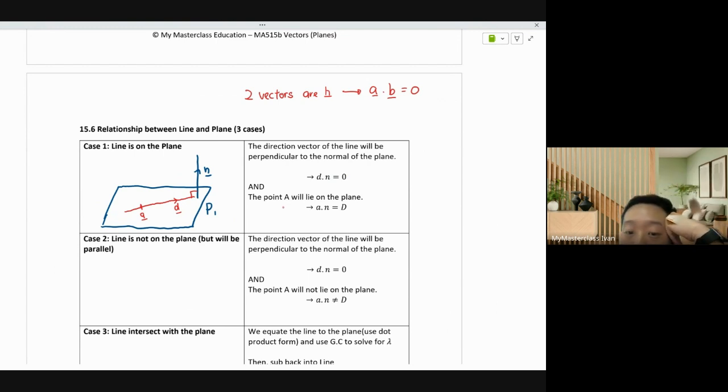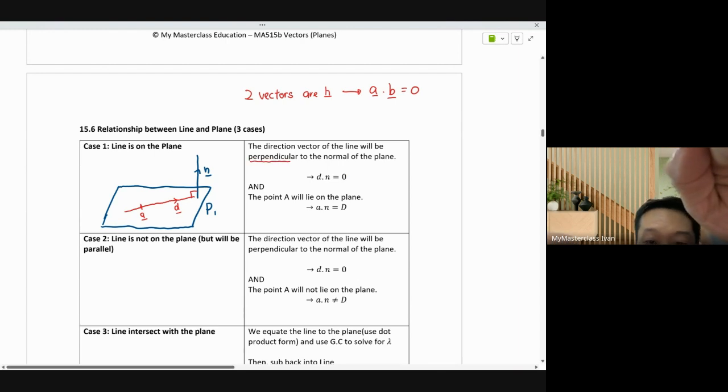Okay, and your a dot n satisfies the constant. Okay, so underline the perpendicular. And if A lies on the plane, this means that a dot n must give you equals to d.